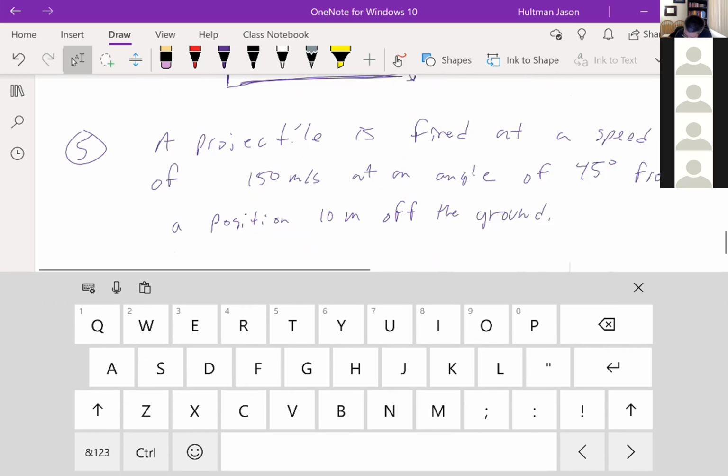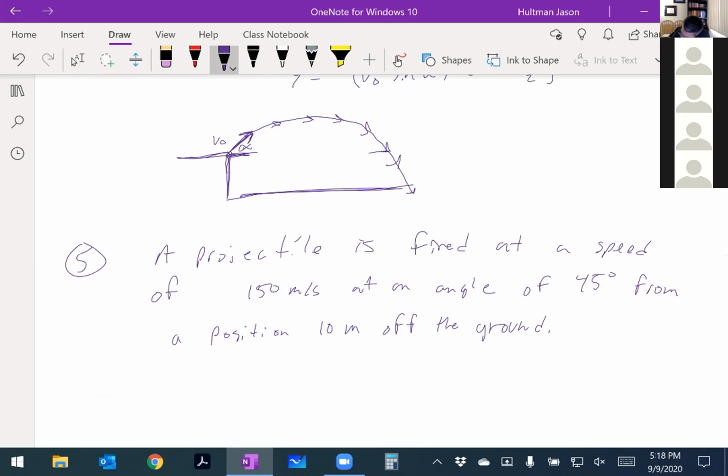Where does the projectile hit? And with what speed?